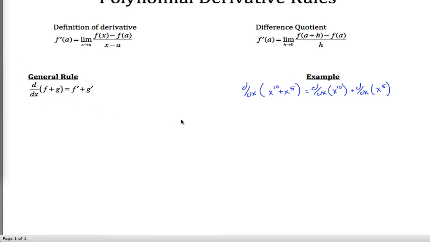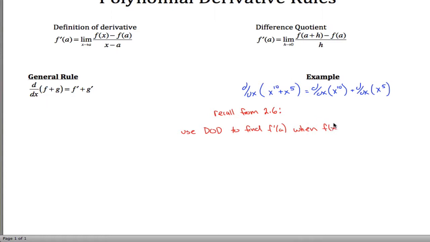So, okay, the way we're going to do this is first I want you to recall from 2.6 that if we're going to use the definition of the derivative to find f prime of a when f of x is equal to x to the 10th power, we didn't do this specific example in 2.6, but if you were to do it, you'd say, well, that's the limit as x approaches a of f of x minus f of a divided by x minus a.